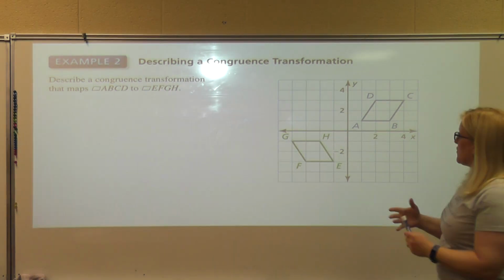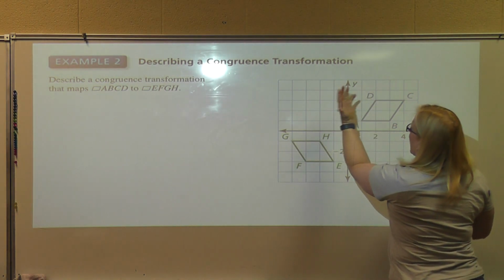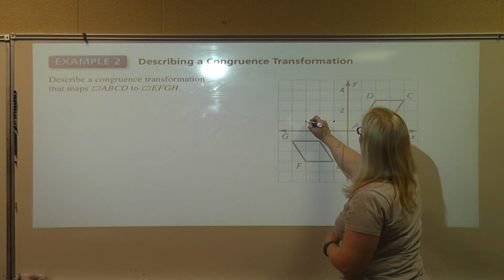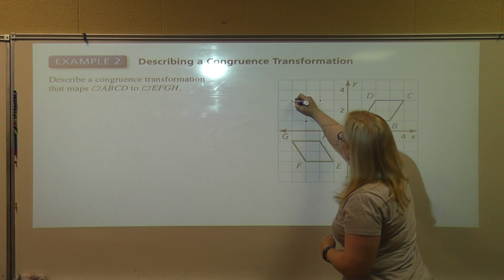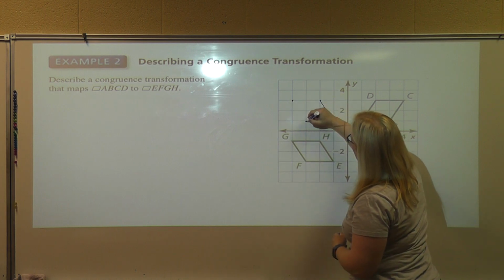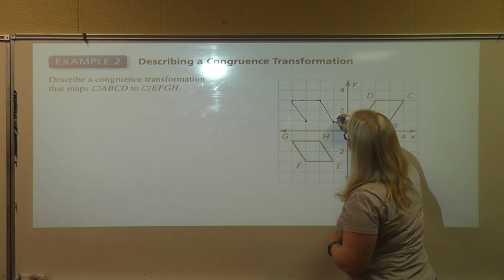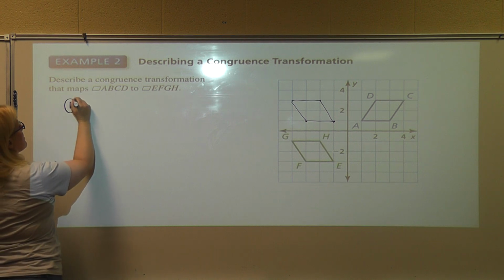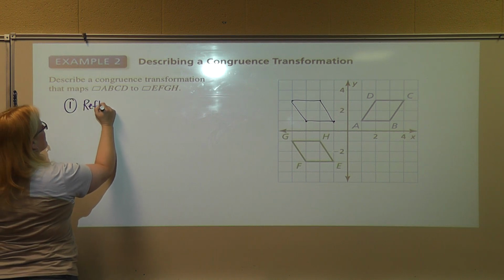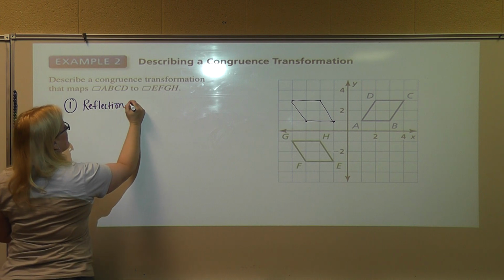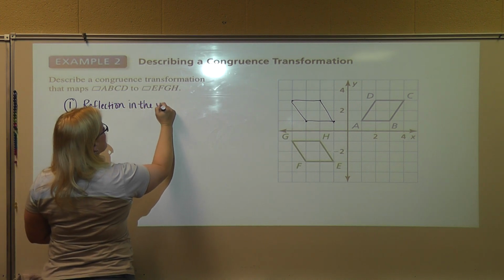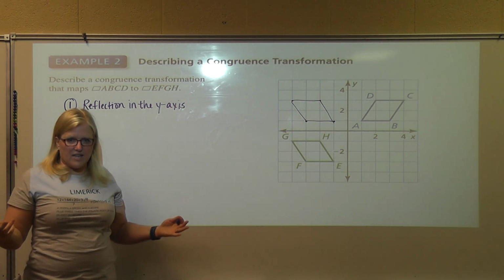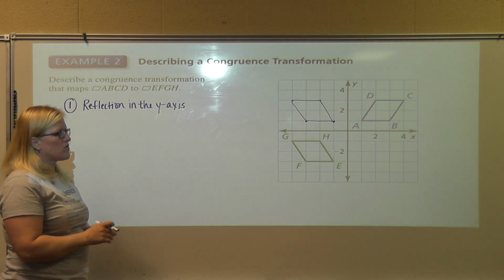The one I think I'm going to do is, if I take this and I flip it to this side, this is a reflection in the y-axis. You've probably also heard me say a reflection over the y-axis. So both of those are correct.